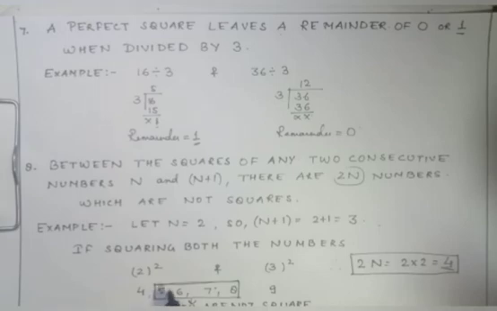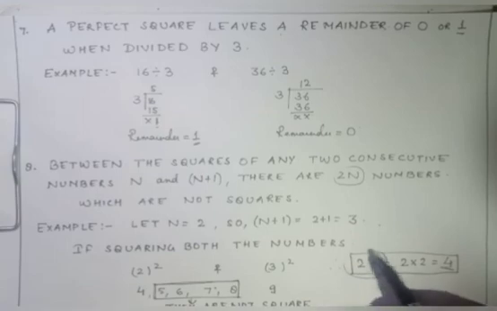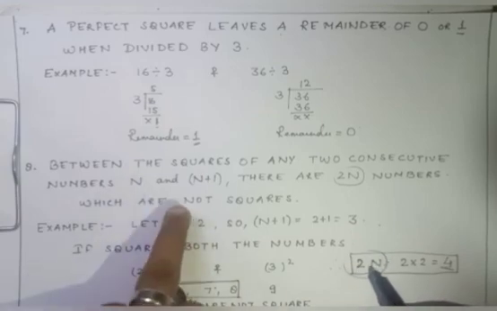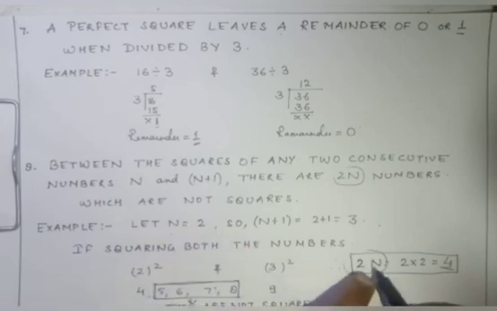How many numbers are there? 5, 6, 7, 8. 4 numbers. To check whether my answer is correct, I simply multiply 2 by n. What is the value of n over here? 2. 2 twos are 4. How many numbers are there? 4. And they are not squares. I hope it is clear to everyone.